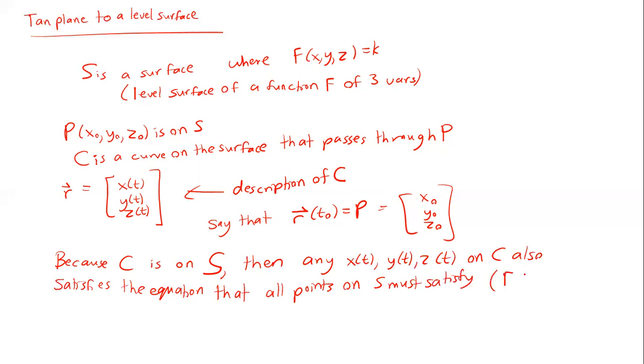Which would mean that f of x of t, y of t, z of t would have to equal k. That's the equation up here that all the points on S have to satisfy.